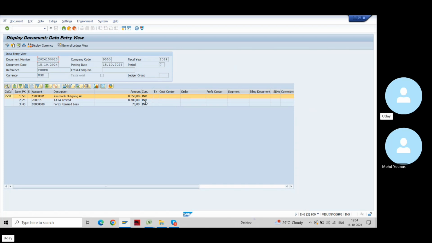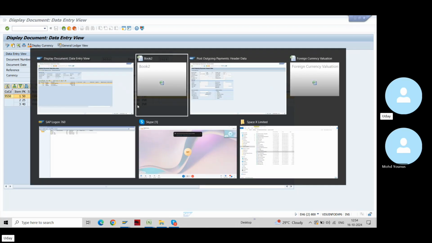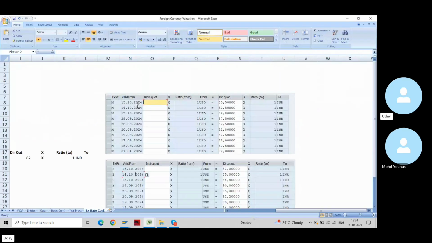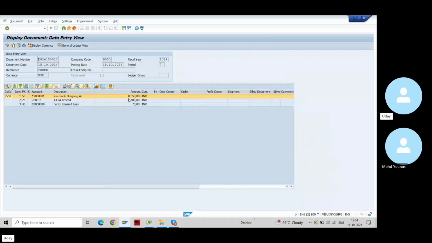Only whenever you convert the same into your local currency, you get some exchange gain or loss. So you will be getting that loss or gain in local currency only. This is calculated based on the rate on 15th October, which is 85.50.